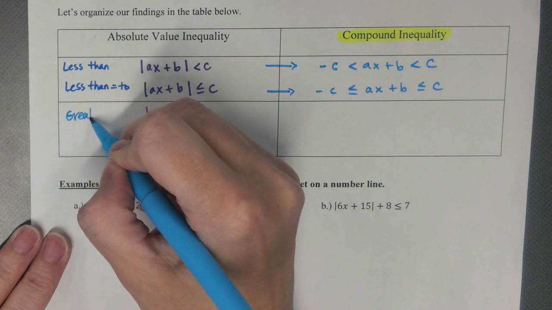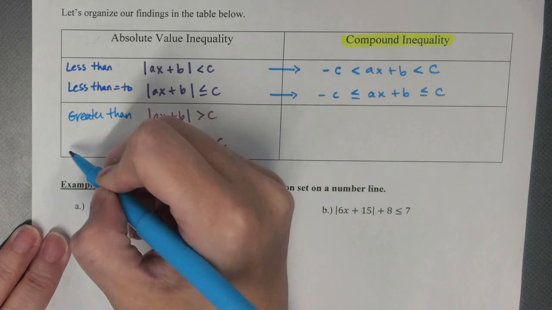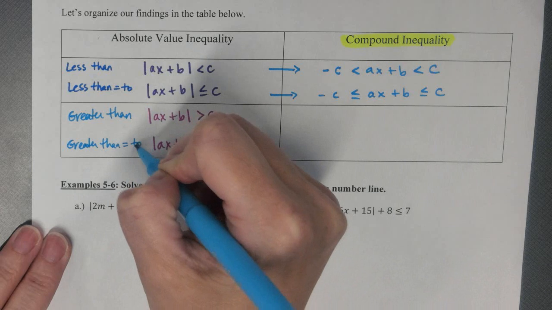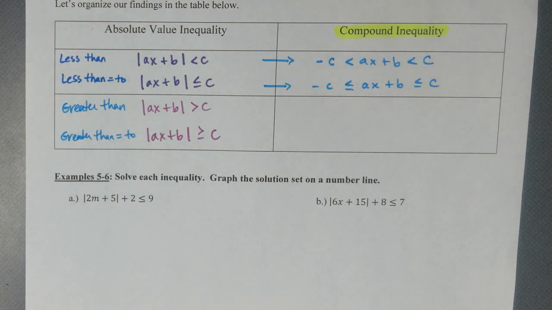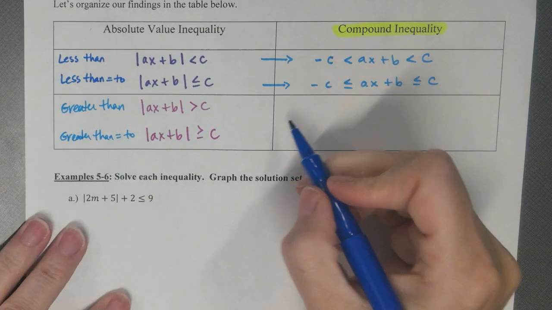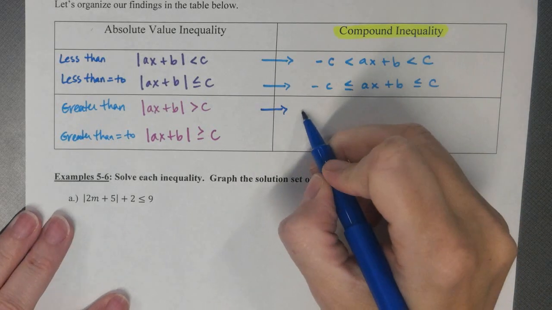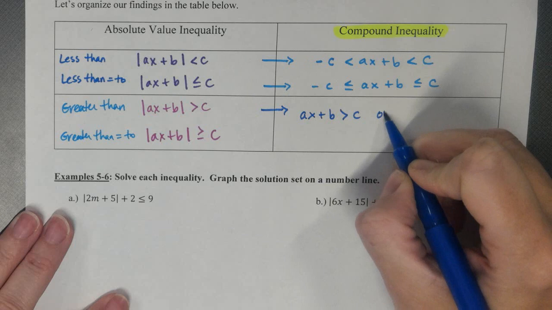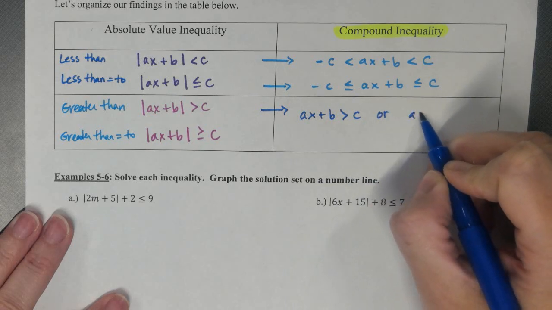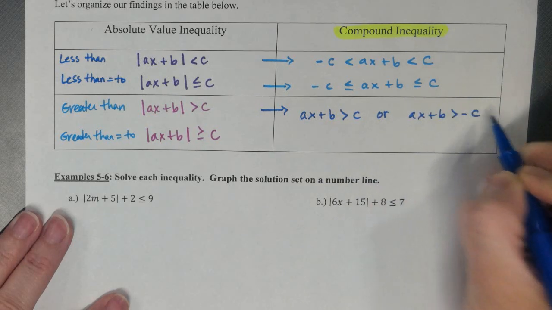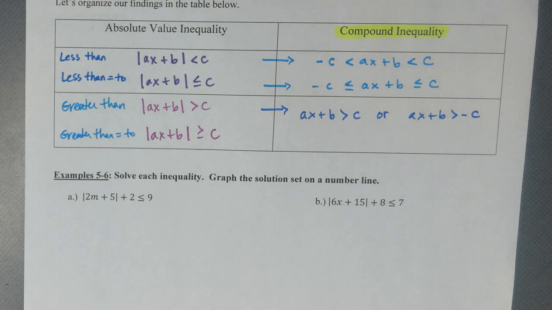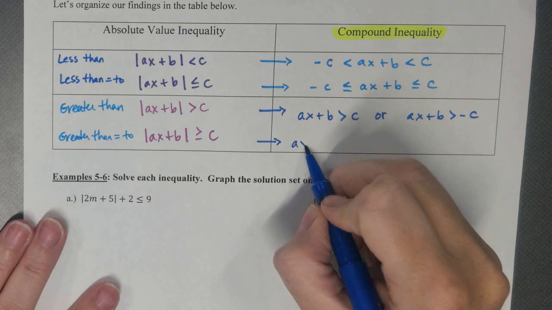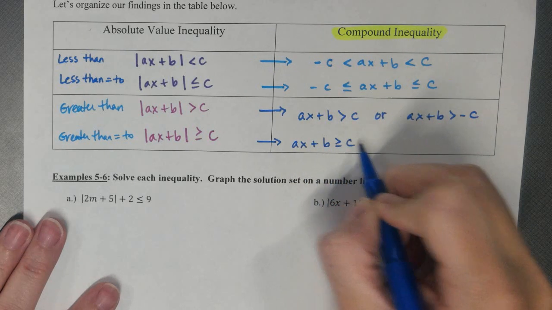Then if it is greater than, you have ax plus b is greater than c, or ax plus b is less than the opposite of c. And this one's the same, you just have the equal to.